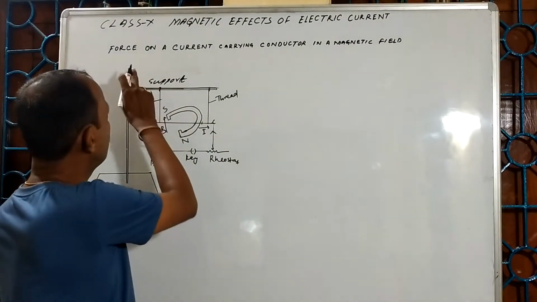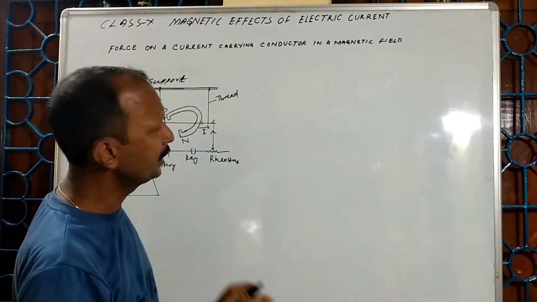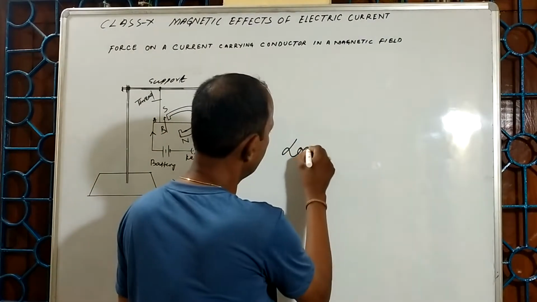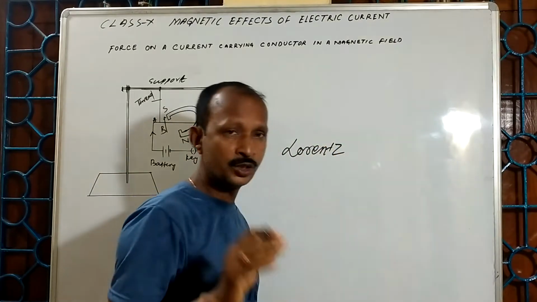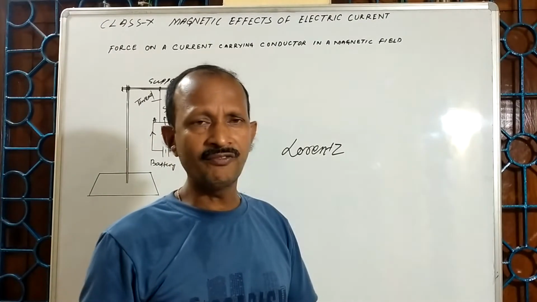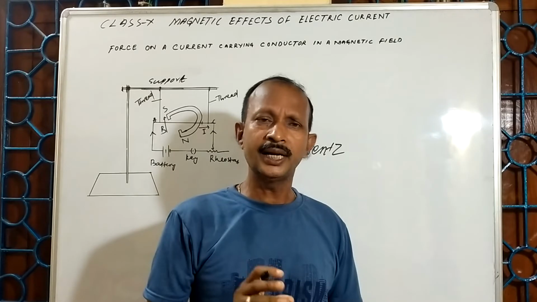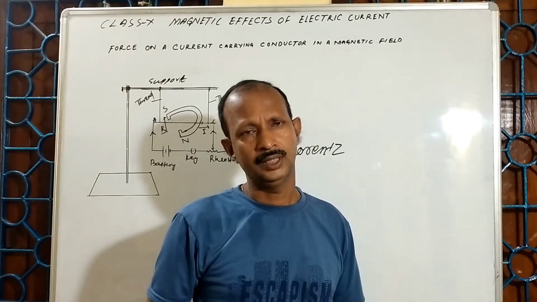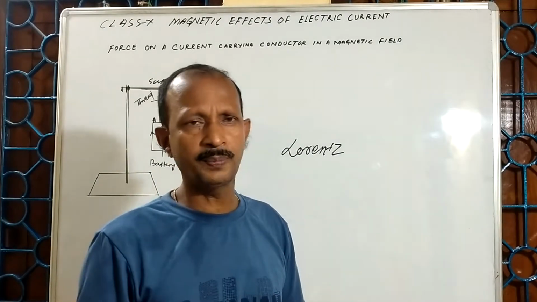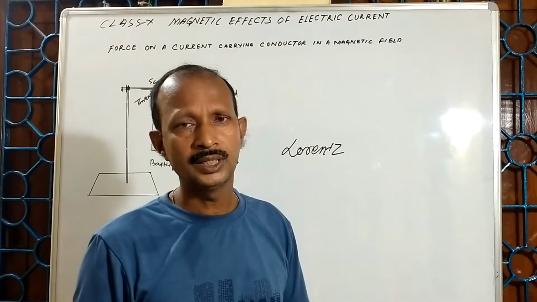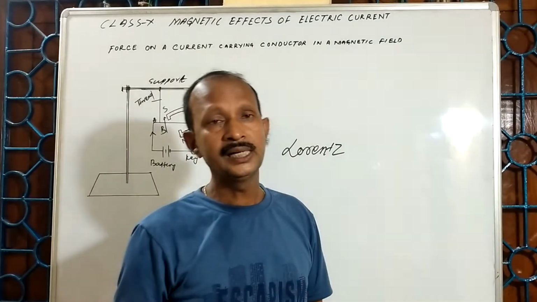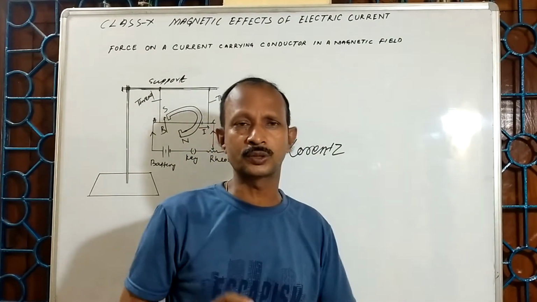Here I have mentioned force on a current carrying conductor in a magnetic field. Lorentz observed that when a charged particle is placed in a magnetic field in a direction other than the direction of the magnetic field, it experiences a force.